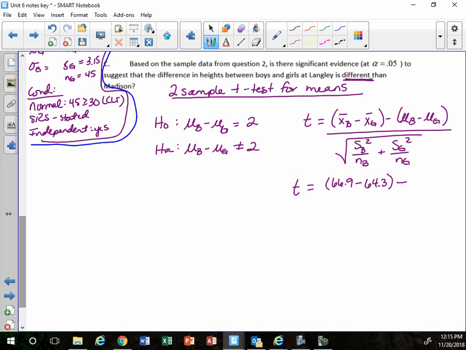That's Madison. And how much was that? 2. Okay. All right, so the S, we're talking standard deviation of the sample. That's back to being from Langley, right? So that's 3.08 squared over 55 plus 3.15 squared over 45.